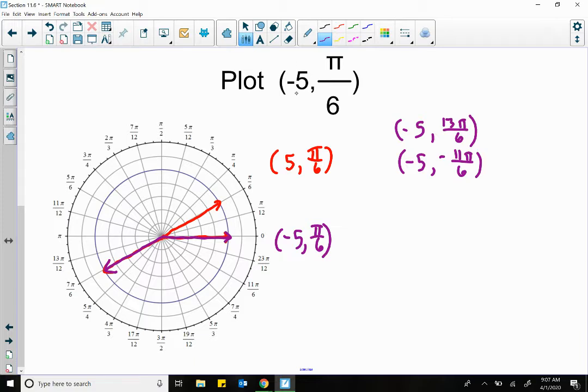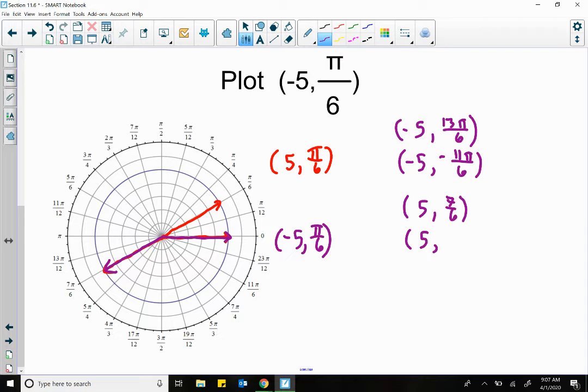Now if I go with the opposite pole, so this is where we are adding or subtracting 180, or in our case, pi. So if I take 1/6 plus 1, 5 comma 7 pi over 6 will give us the same graph.